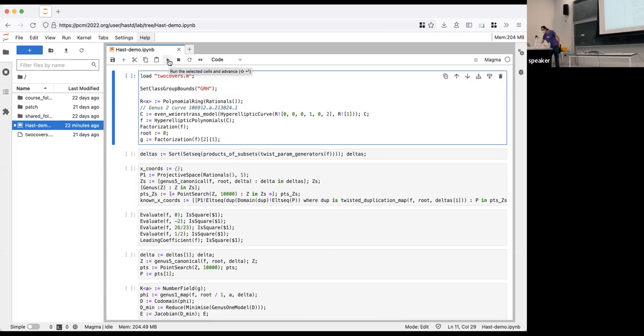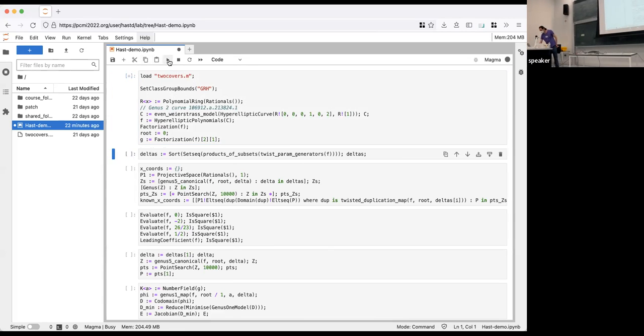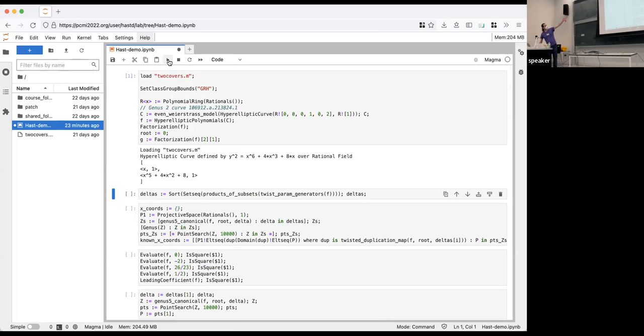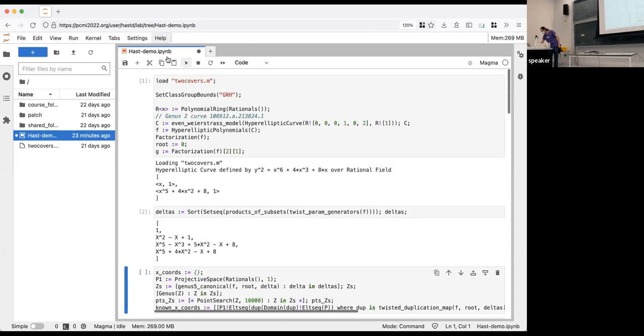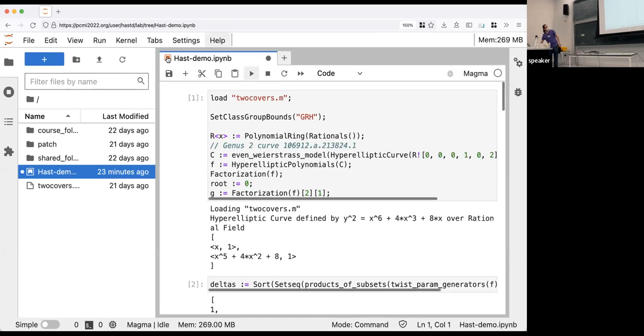First off, we just import the code. And here's our original curve. For technical reasons, we want to use a sextic model just to make it match up with the equations for the Kummer surface. We compute our list of twist parameters. Here they are, represented by polynomials. Make it bigger? Great. Is that good?